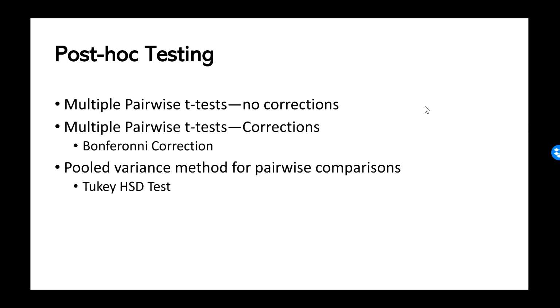And then the third is to do a test that's specifically designed to pool your variance across all groups. So instead of just looking at the two groups that you're comparing in the pairwise test, you make some pooled variance measure and use that in all of your pairwise testing. And that would be a Tukey honest significant difference test, the most common method there.